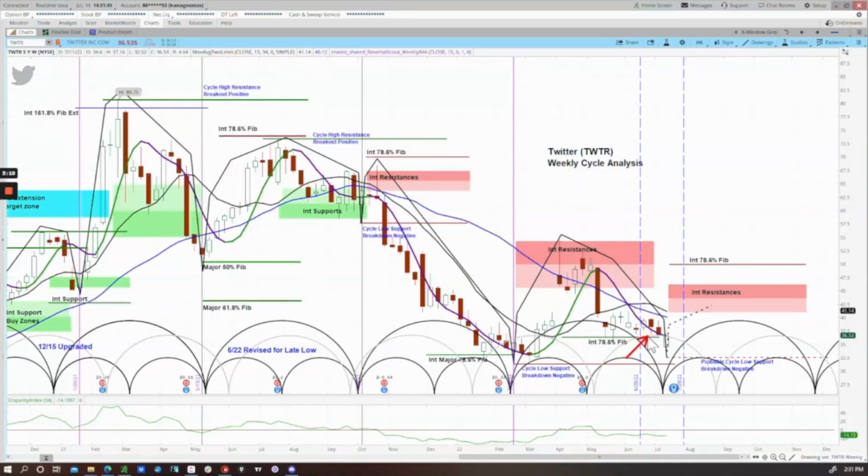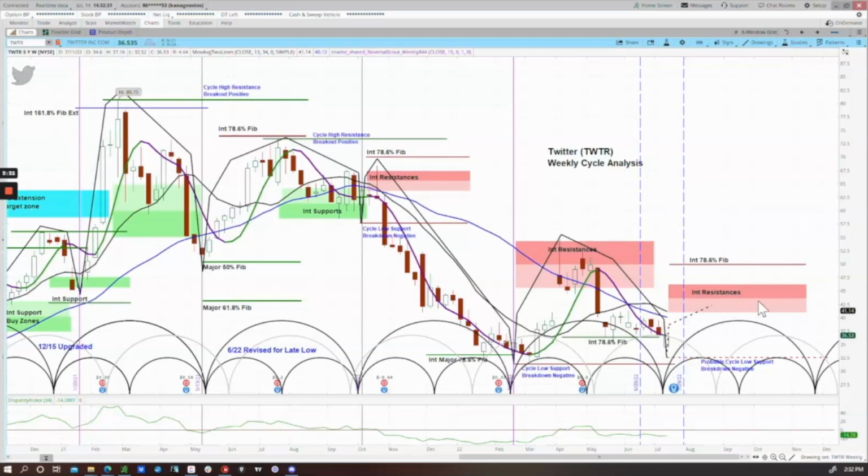Now this cycle that we're just finishing up in Twitter has not broken below this prior cycle low support, but it has retraced almost all the way down there. So because of that deep retracement, the probabilities favor not being able to make a higher cycle high in this upcoming cycle.